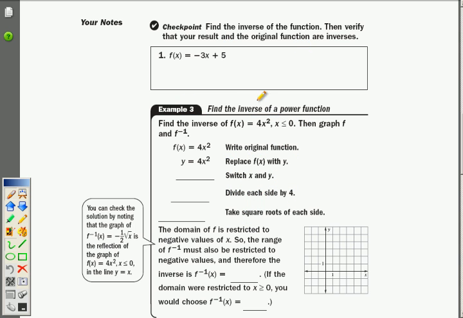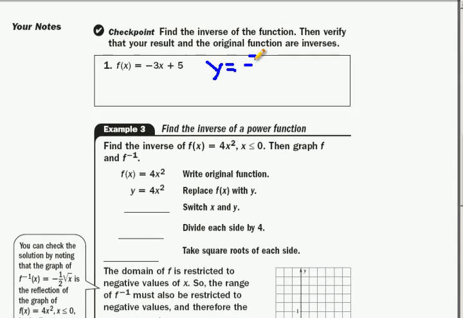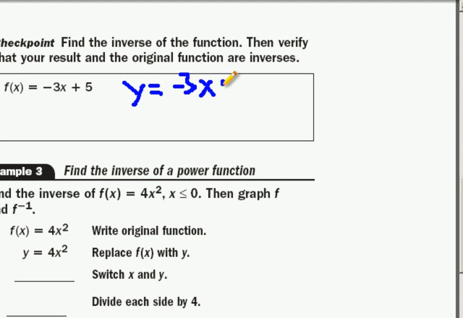All right. So you had to take this one and find the inverse of it. Hopefully you did. What I did is instead of f of x, I called it y equals negative 3x plus 5. That's the easiest way to do that. And then you flip-flop the x and the y. x equals negative 3y plus 5. And you go through your steps and you solve for y.